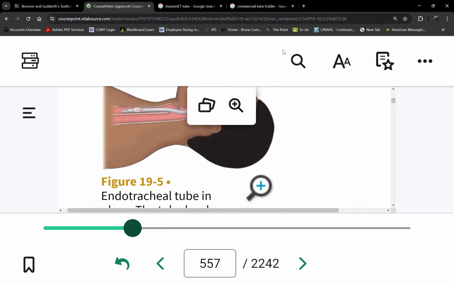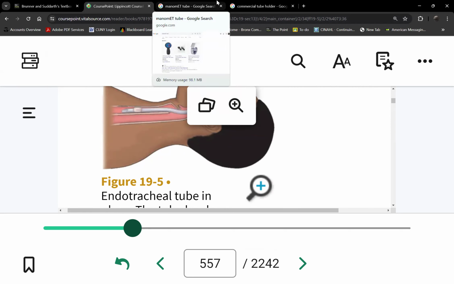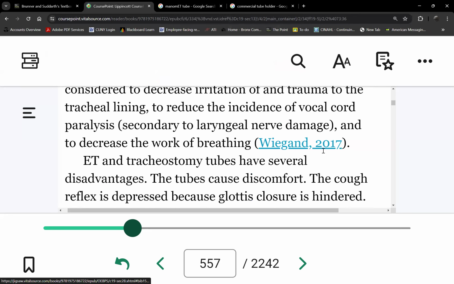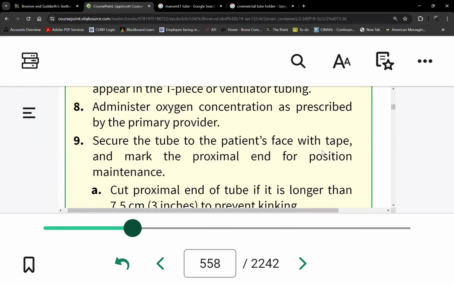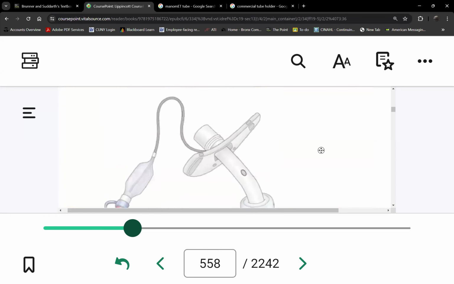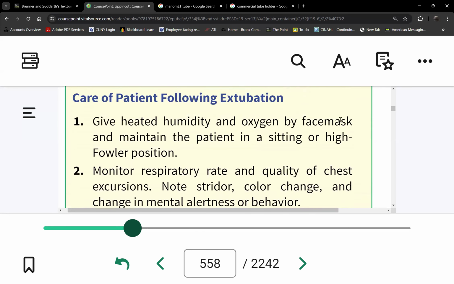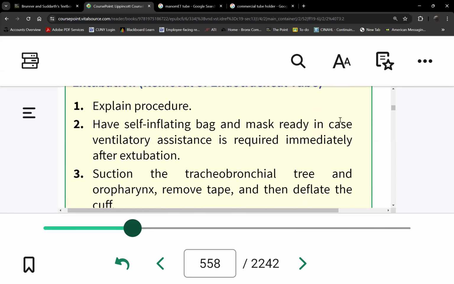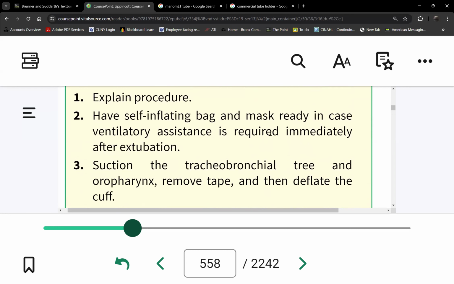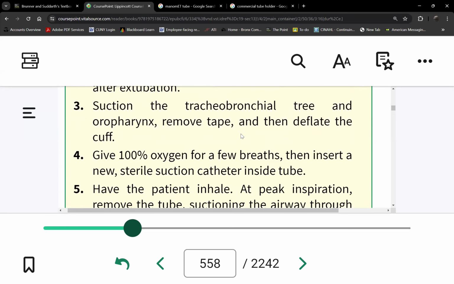So when the patient is extubated, after we pull the tube, we tell them we want you to cough like crazy, cough, cough, cough, because that's to get rid of the secretions. We hyperoxygenate the patient, and when we take it out, tell the patient to cough, and then we suction as needed.